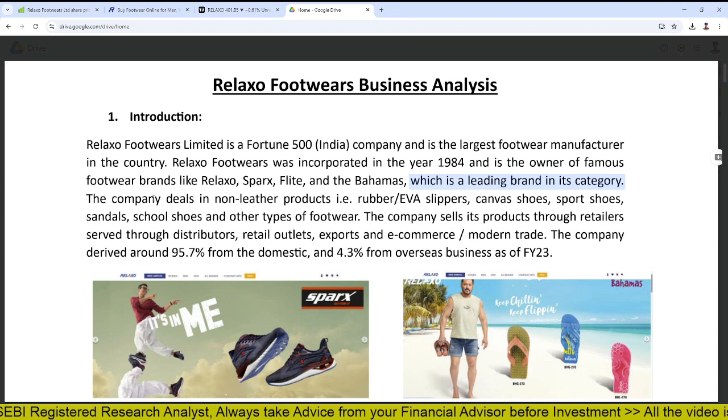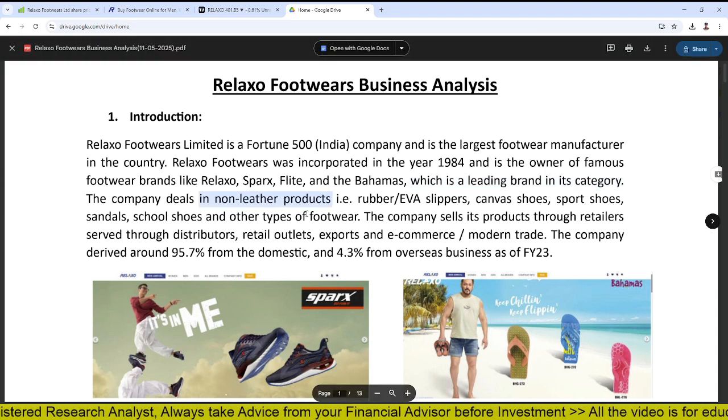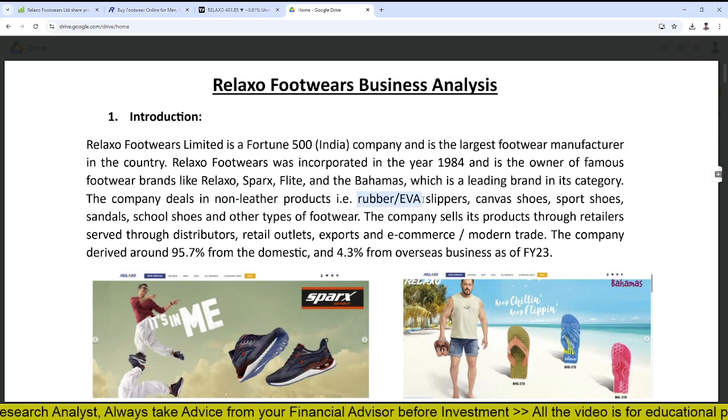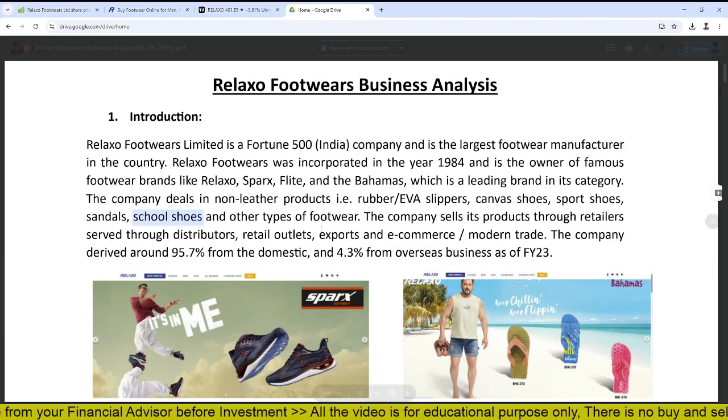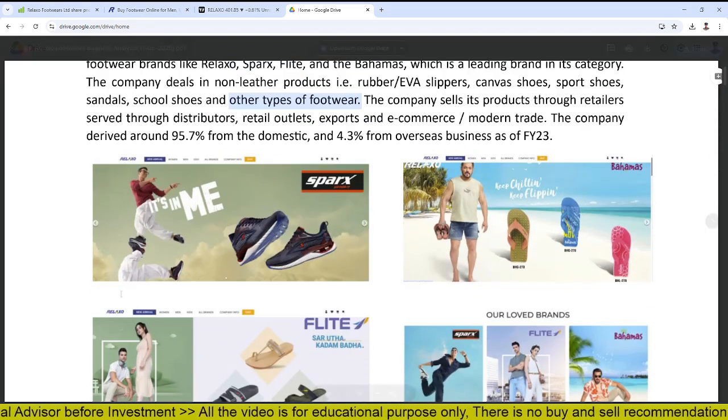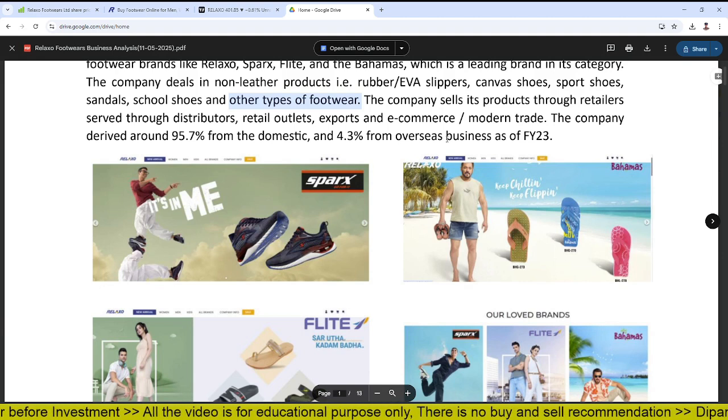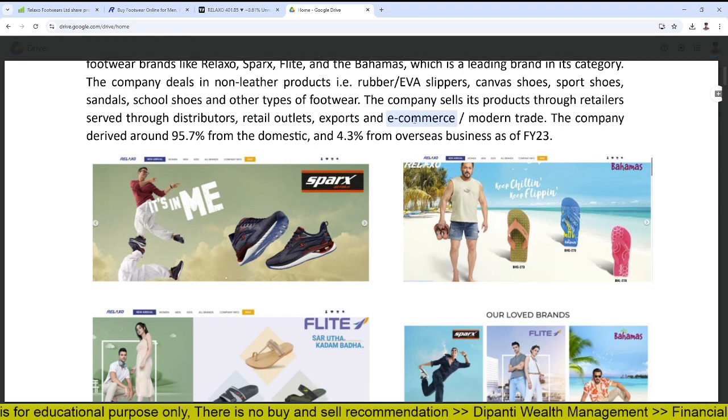This company comes under the non-leather product category. Its raw material is rubber. They produce canvas shoes, sports shoes, sandals, school shoes and other types of footwear. The company sells its products through retailers, distributors, retail outlets, exports and e-commerce platforms.